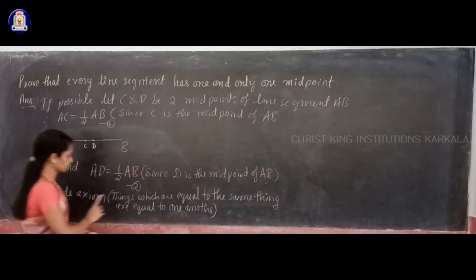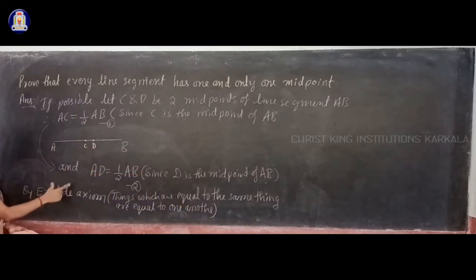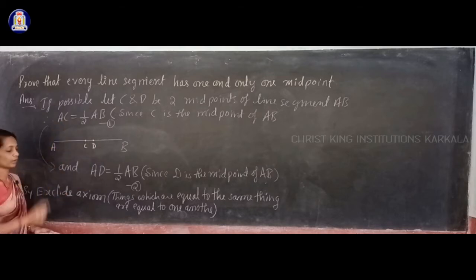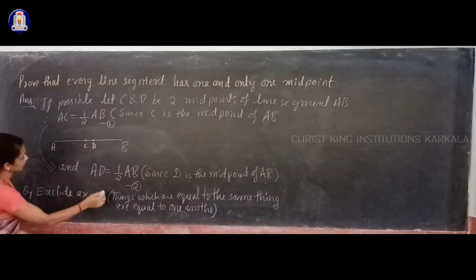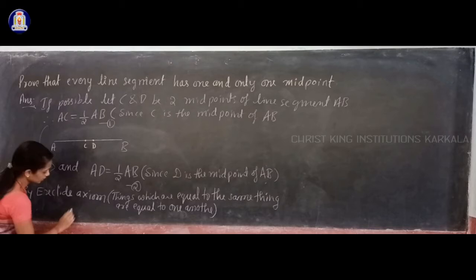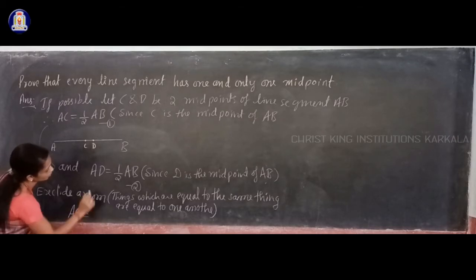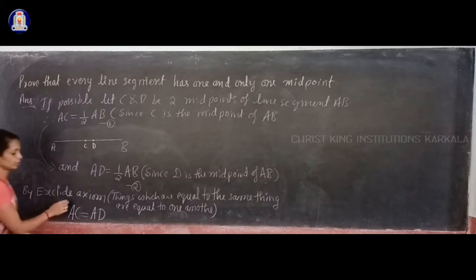Using this axiom, Euclid's axiom, what can we say? AC and AD, these two are equal to one another. AC is equal to what? AD. Okay, AC is equal to AD.